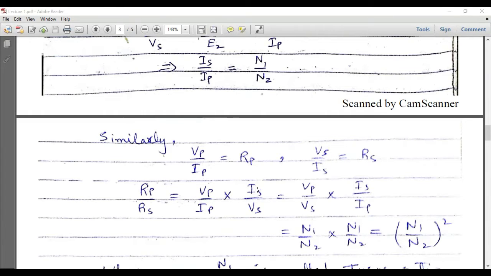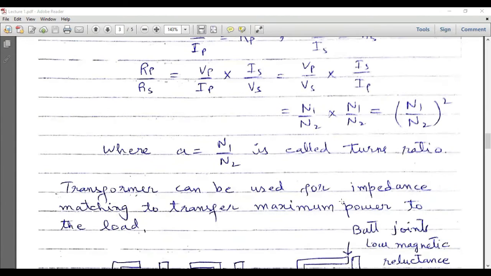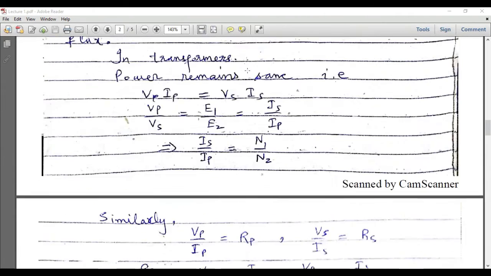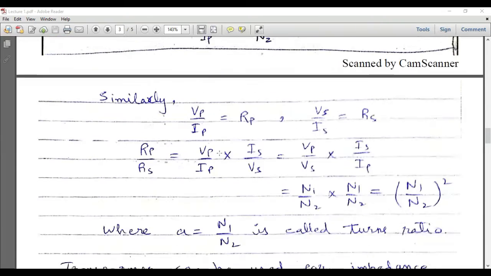So it will become multiplied by Is over Vs, and this can be written as Vp over Vs and Is over Ip. Okay, so Vp over Vs is equal to N1 over N2, and Is over Ip is also equal to N1 over N2. So Rp over Rs is equal to (N1 over N2) squared. So these are the resistance or impedance transformation, this is the current transformation, and this is the voltage transformation.